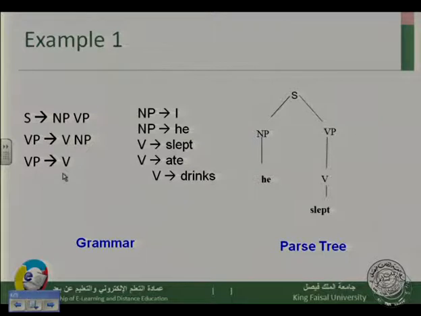So you give all the regular patterns to the computer, all the possibilities to the computer, and then you tell the computer that a noun phrase can be like I or he, a verb like slept or ate or drinks with an S. Okay, so you give all the possibilities to the computer, and then you give the computer the parsing tree like this. So there is no problem so far.